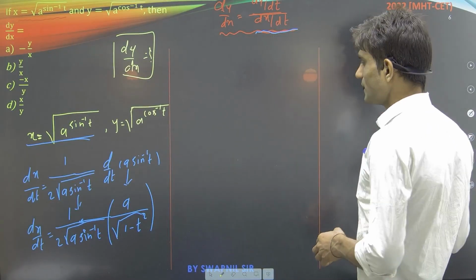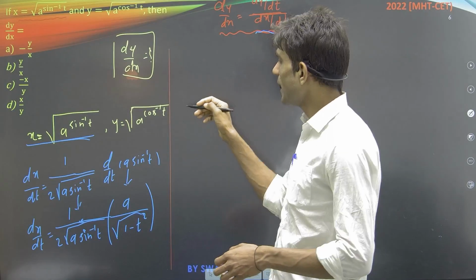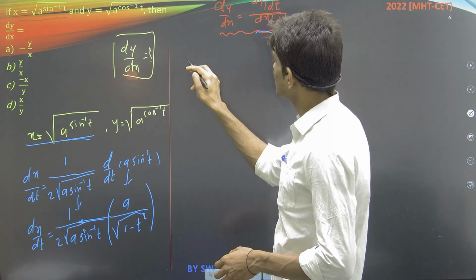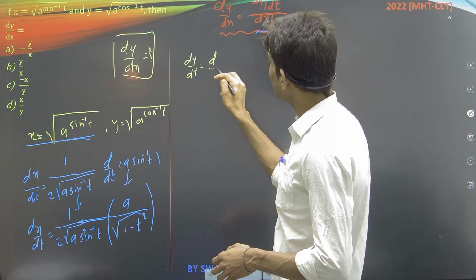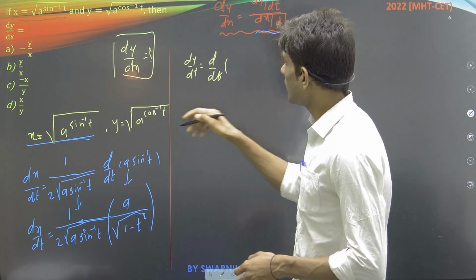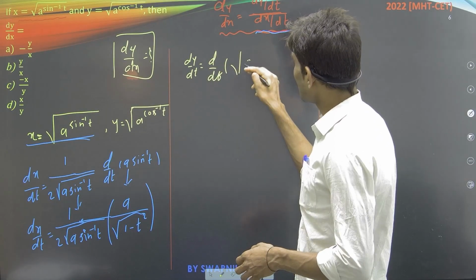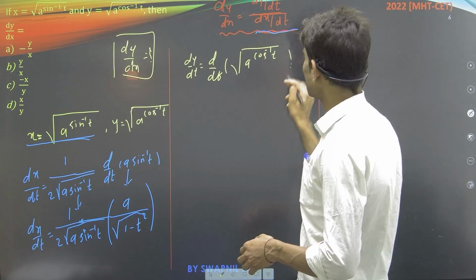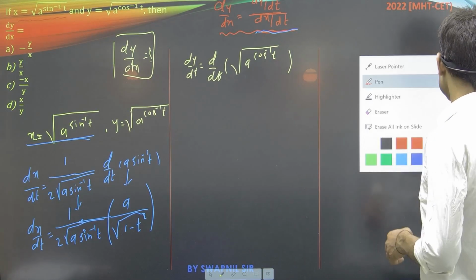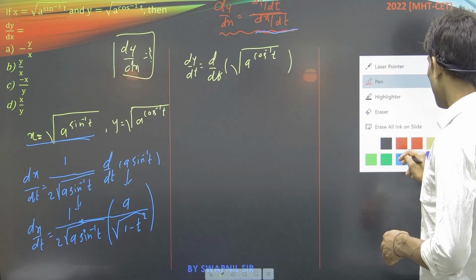In our next step, differentiation of y with respect to t. So dy by dt means d by dt of square root of a to the power cos inverse of t. Now differentiate root x, which is 1 upon 2 times root x.